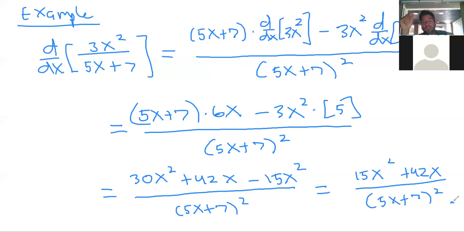Even though this looks messy, it's far less tedious than using the actual definition. If you don't believe me, go for it. Try to use the definition. Evaluate f of x plus h minus f of x over h, and take that limit. Your head will explode.